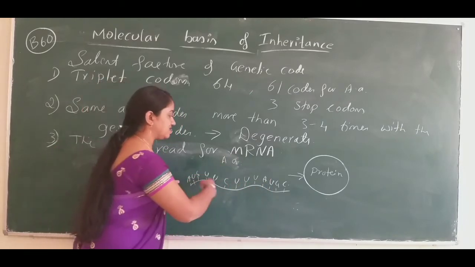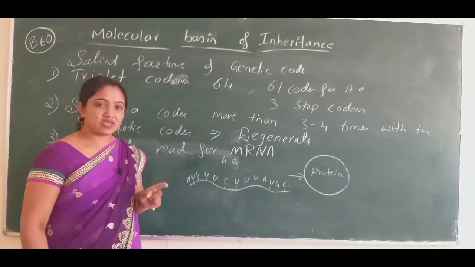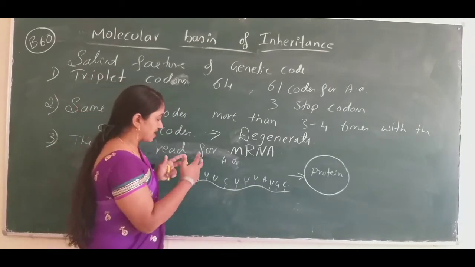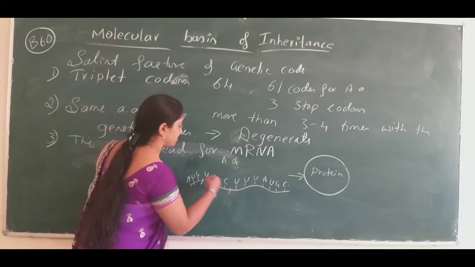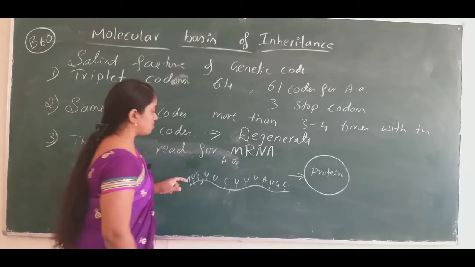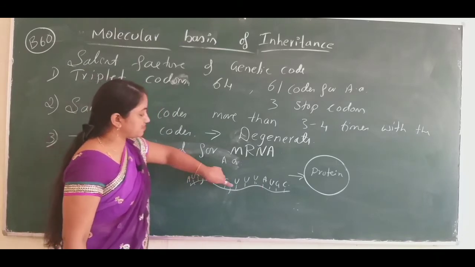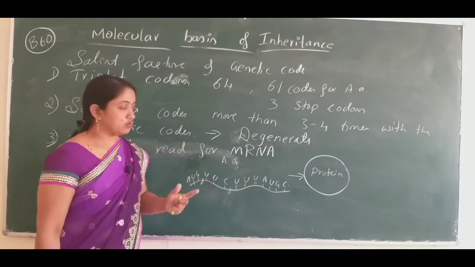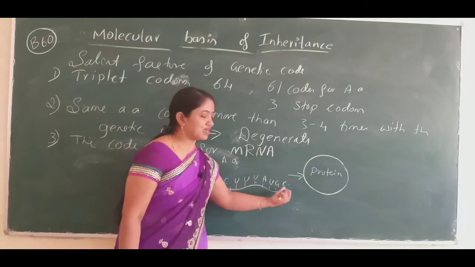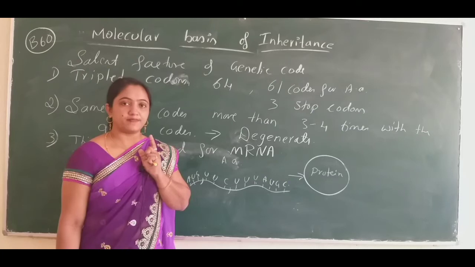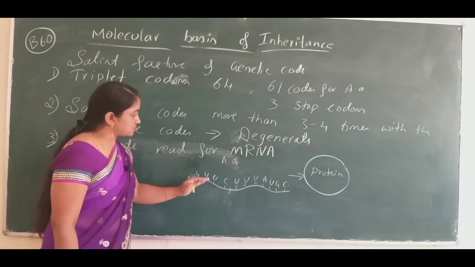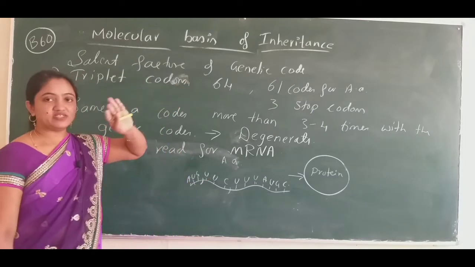They are continuous. Can you see any commas, any full stops after every triplet codon? No, these are in a continuous fashion without any punctuation. So this is also one feature of genetic code.